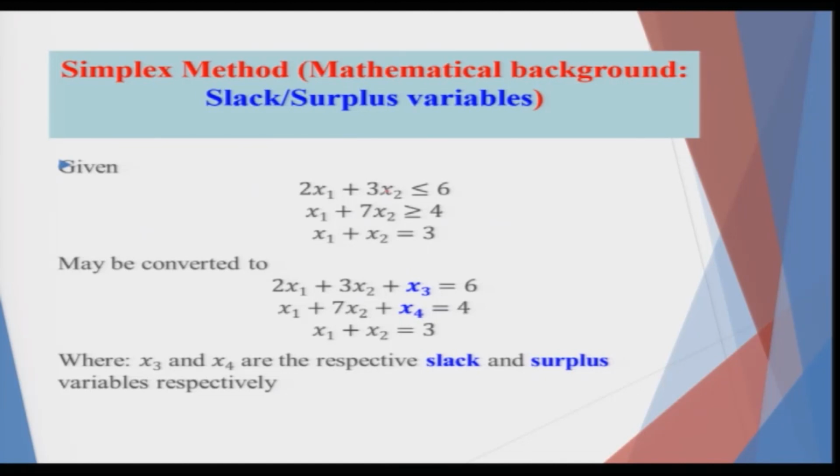Now, we will give the concept of a slack and a surplus, and why slack and surplus will be applicable, you will understand it very simply. So, this is from the solution technique. Consider it has nothing to do with the objective function. Consider the constraints are given as 2x1 plus 3x2 is less than 6, x1 plus 7x2 is greater than 4 and x1 plus x2 is equal to 3.